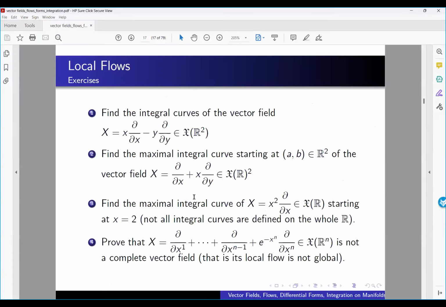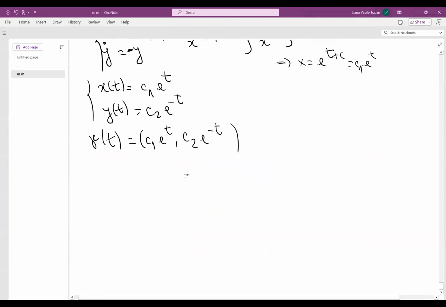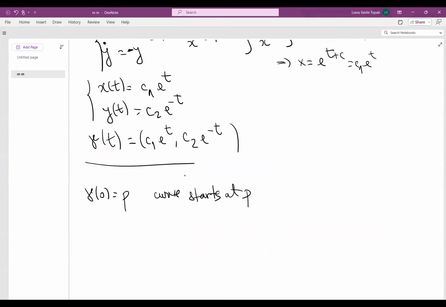Again, let's find the maximal integral curve starting at a point. Starting at a point means that gamma at 0 is (a, b), right? When we write gamma of 0 equals P, if gamma is an integral curve, then we say that the curve starts at P. Remember that 0 must always be in the interval, right?